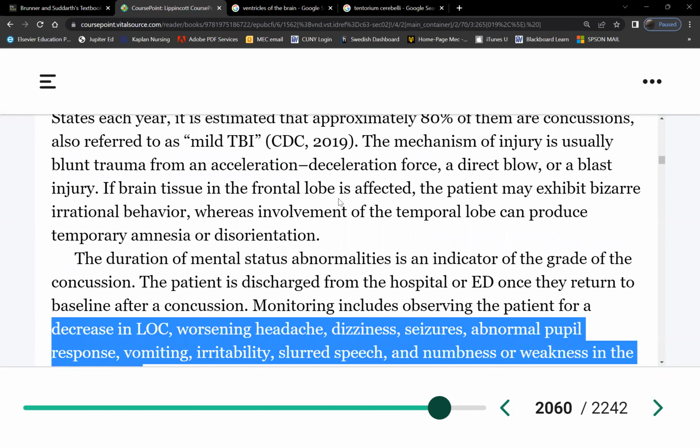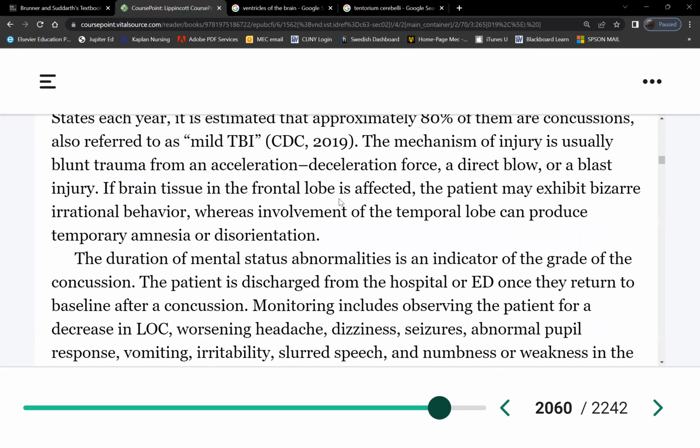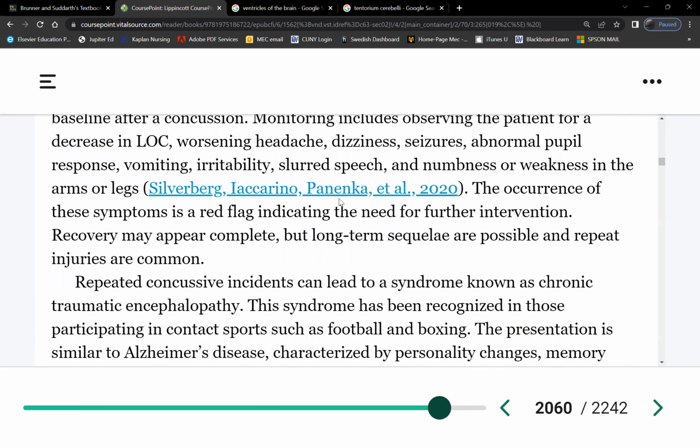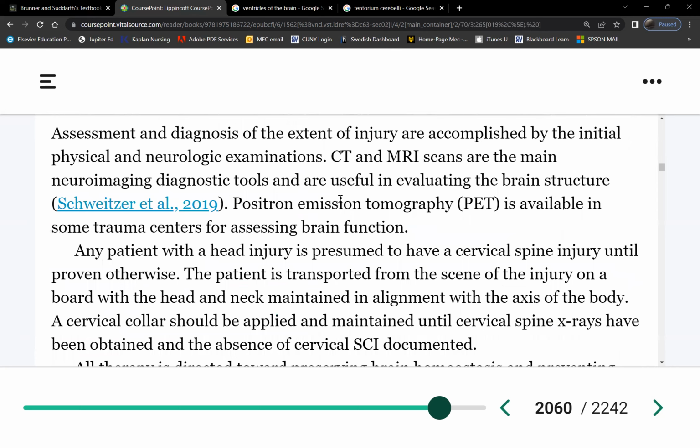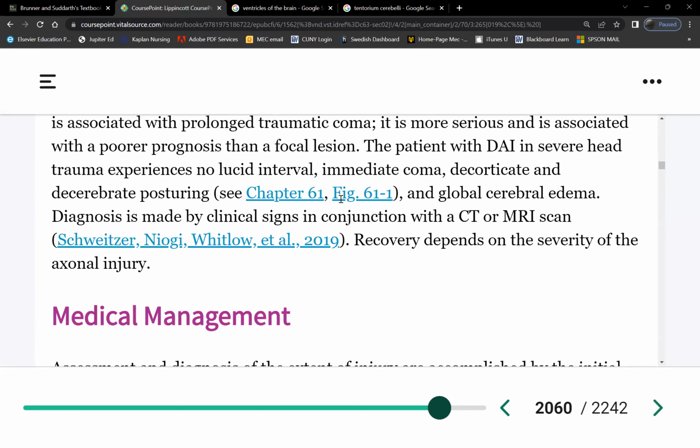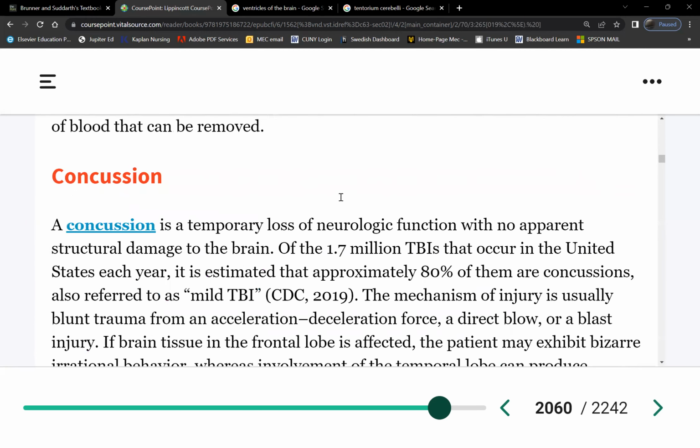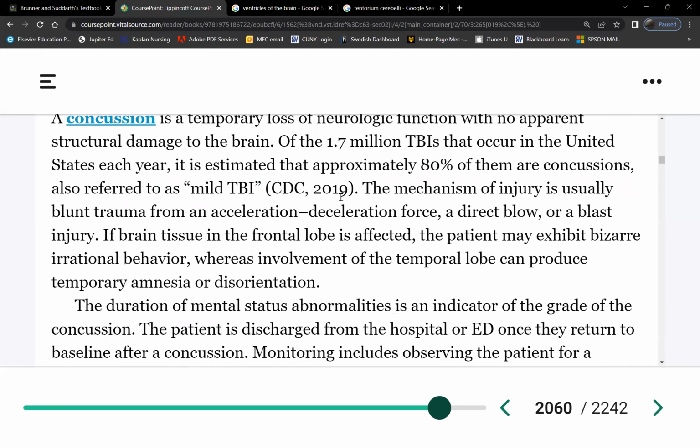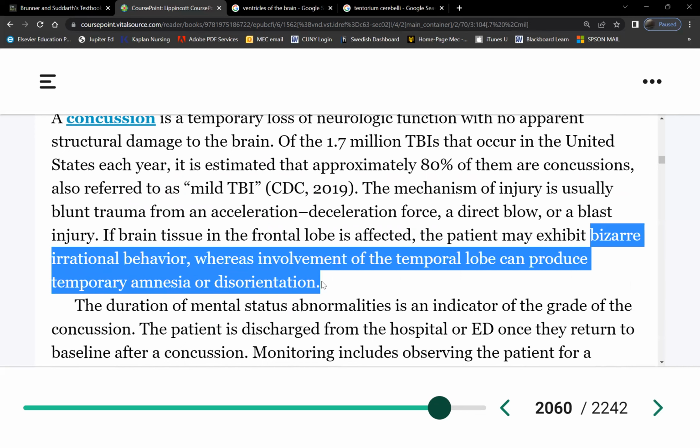Let's just say mild, because this is mild injury, it's not listed here unless there's a table somewhere. So the patient may have, let's just cover this one because that's all that's mentioned in the textbook, bizarre irrational behavior. That depends really on which part of the brain was injured.